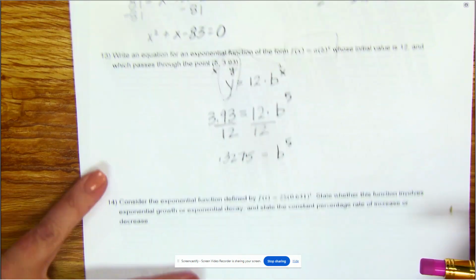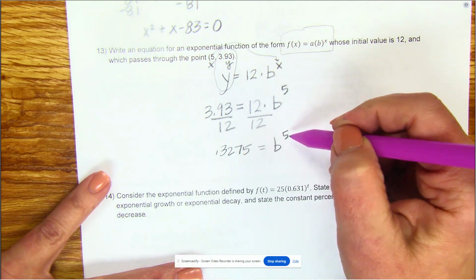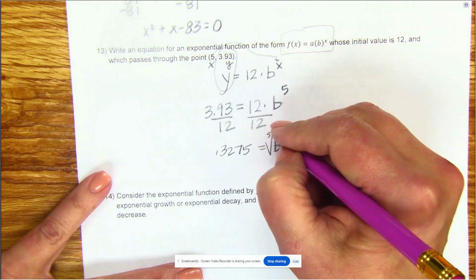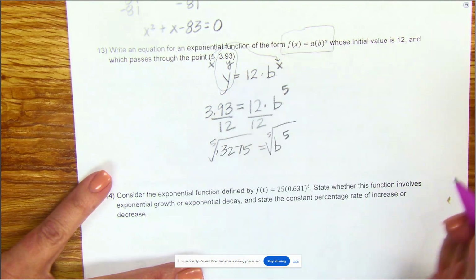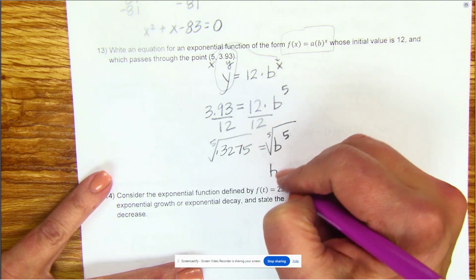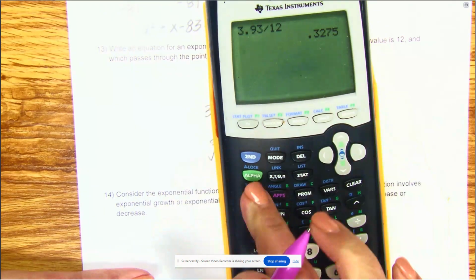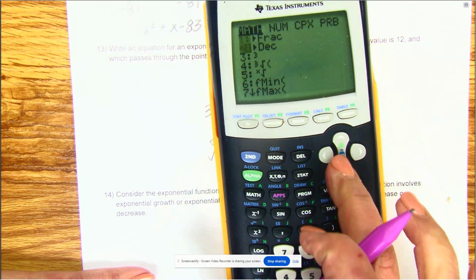You don't do the log of this. The exponent's not unknown, right? It's the 5th power. How do I undo 5th power? 5th root. Whatever I do to one side, I do to the other. So the 5th root undoes the 5th power. So now I have b, and then I got to do this. On your calculator, it's math, and it's the 5th one.